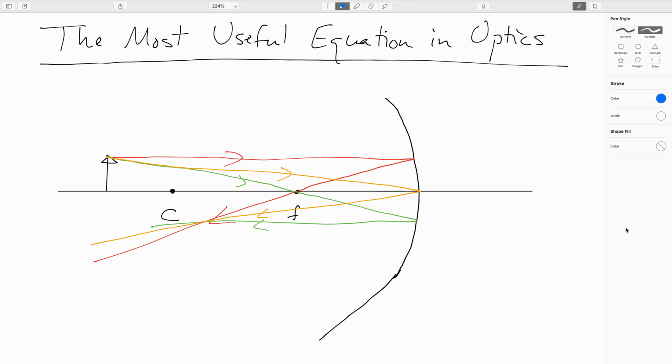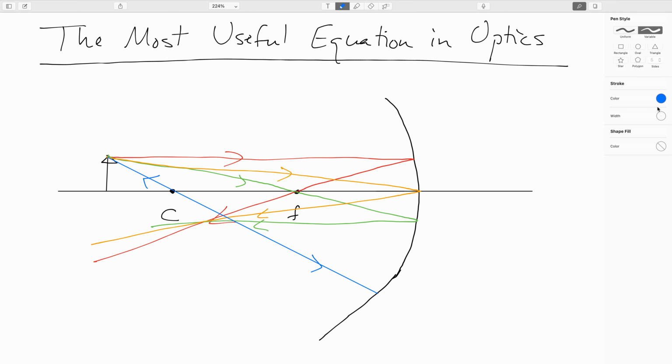But it turns out the 4th most useful ray is the ray that goes straight through the center of curvature. This is because it will strike exactly down the normal right here and bounce straight back out on itself. So we're mostly going to be interested here in the central ray and this special ray that goes through the center of curvature.